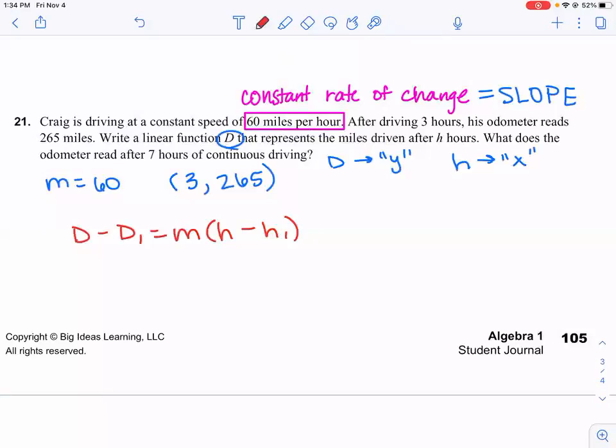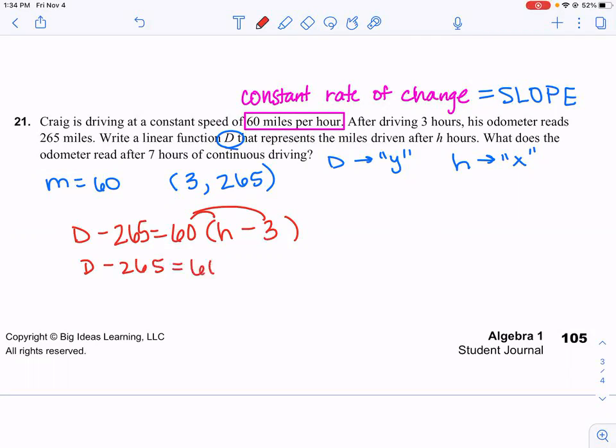Okay. Our slope is 60. And our coordinate is (3, 265). Well, I'm really gonna need some help. Oh, no, it's not that bad.